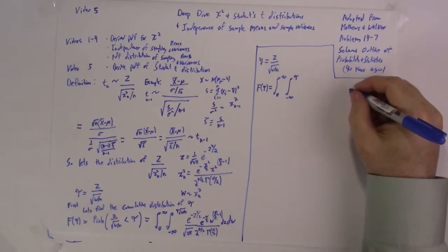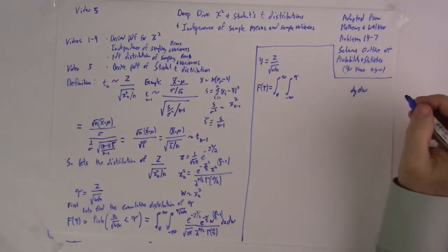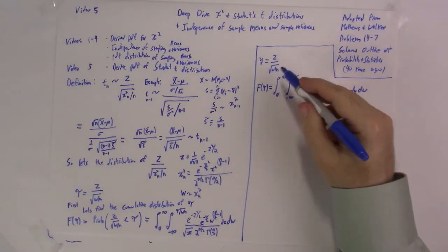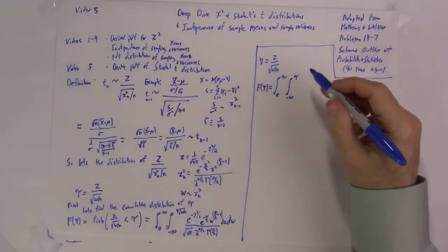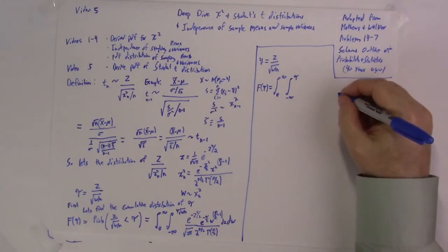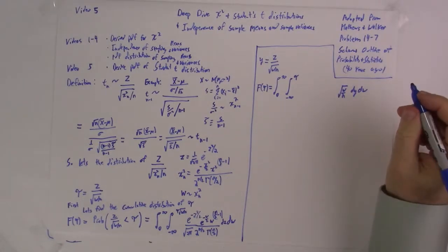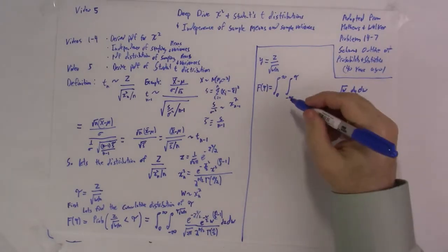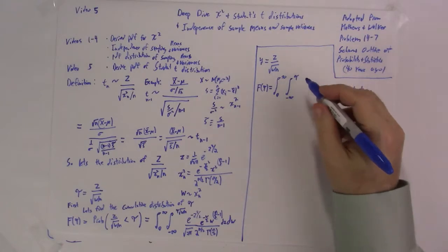The inside integral, instead of being dz, is now going to be dy. Since z is y times the square root of w over n, dz is dy times the square root of w over n. Don't forget that measure factor.